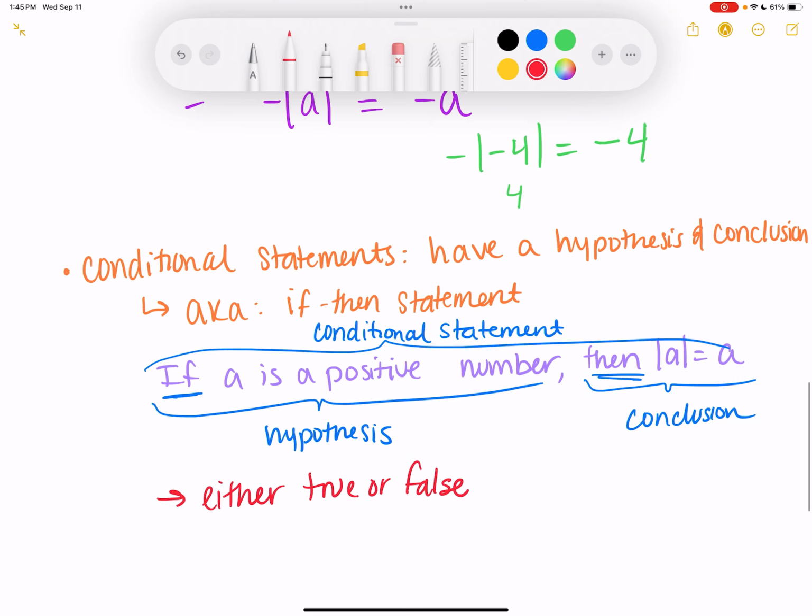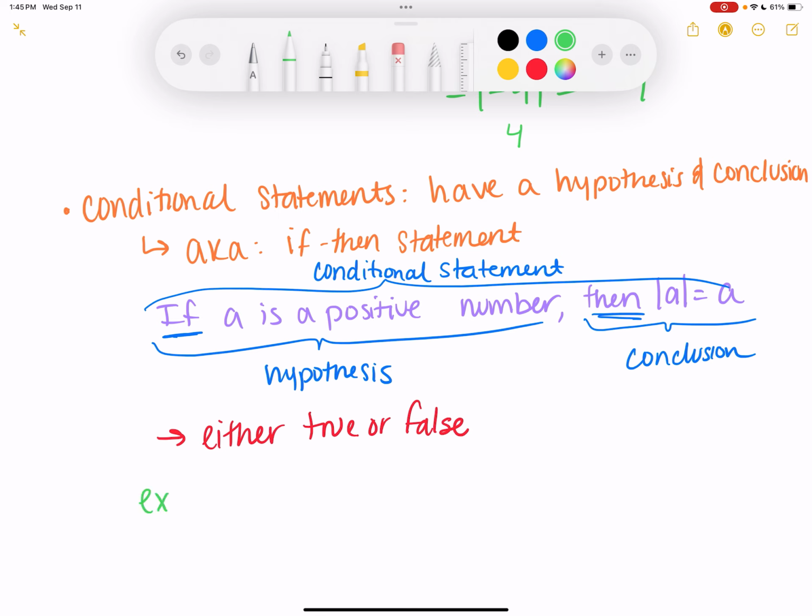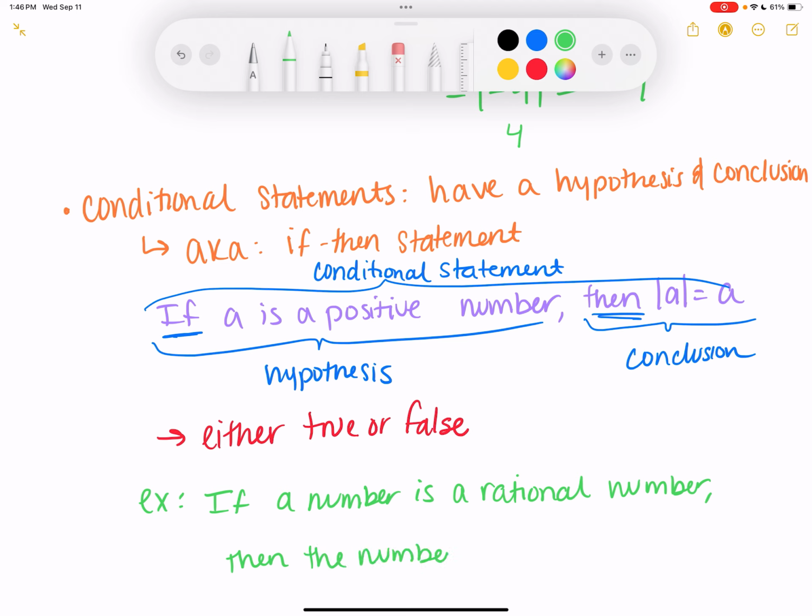So an example of this, I could say, if a number is a rational number, then the number is positive. So what is my hypothesis part?